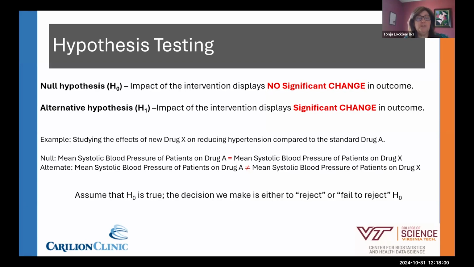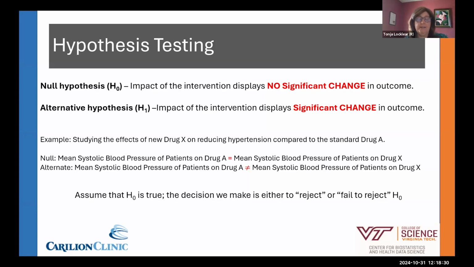There are two different types of looking at this, and we're going to get to that on the next page. But this example shows that the null hypothesis means there's no difference, whereas the alternate hypothesis means that the means of these two different values for systolic blood pressure are not the same. We are assuming that the null hypothesis is true because that's what our background is.